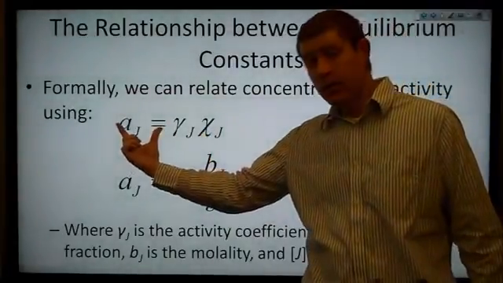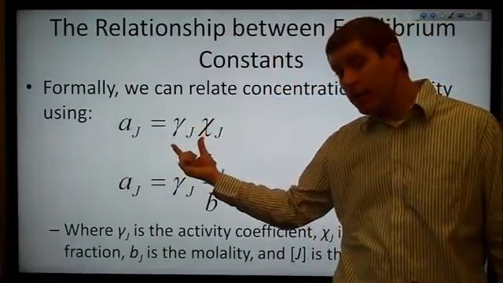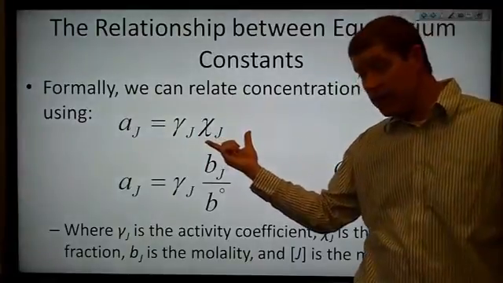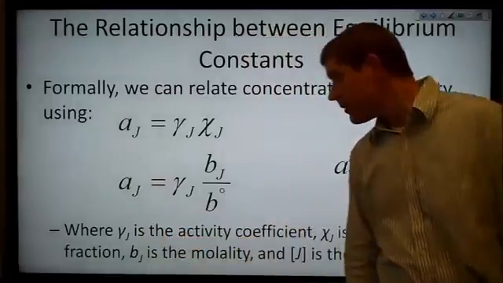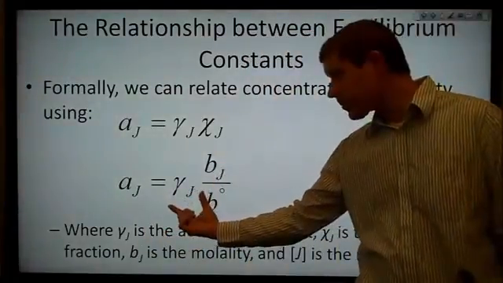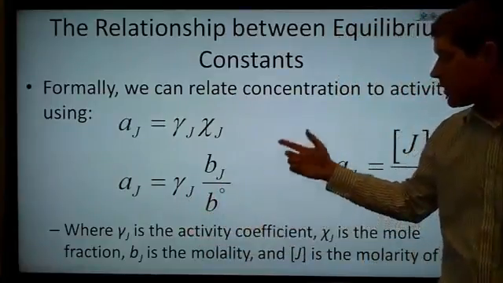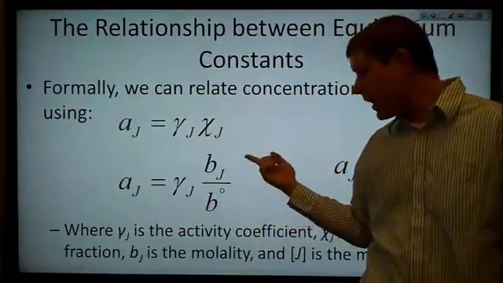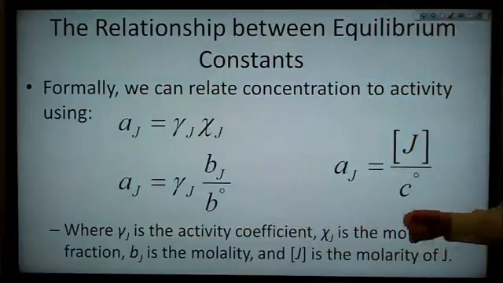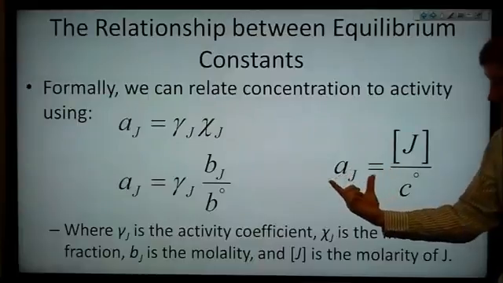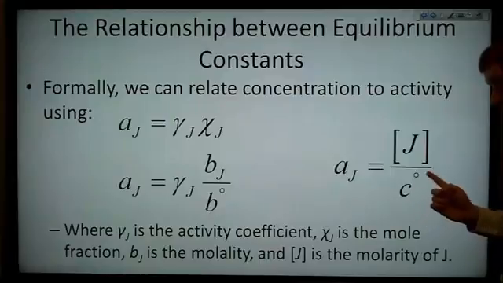So the activity of component J is equal to the activity coefficient, gamma J, times the mole fraction of J. Or we could say it this way: the activity of J is equal to gamma J, the activity coefficient of J, times the ratio between the molality and the standard molality, so one molal. Or we could say the activity of J is equal to the molar concentration of J divided by c naught.